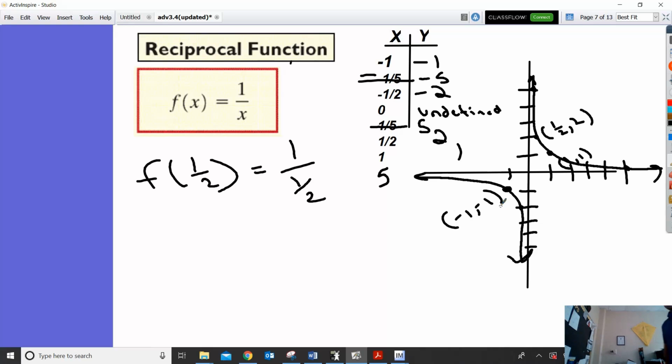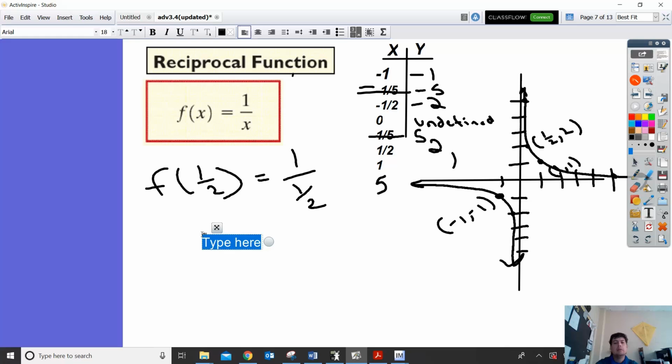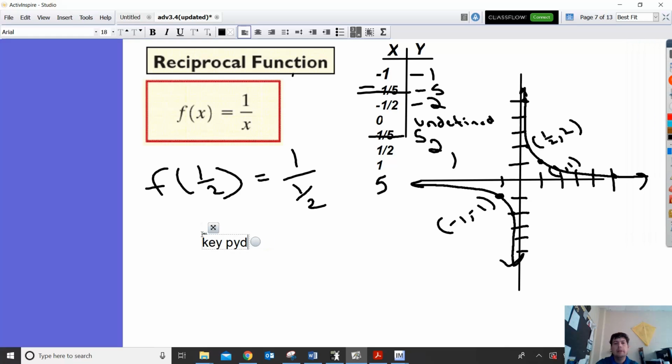I'll write that down because we had so many points. Key points are 1, 1, and -1, -1. You're expected to remember what the rest of the graph looks like.